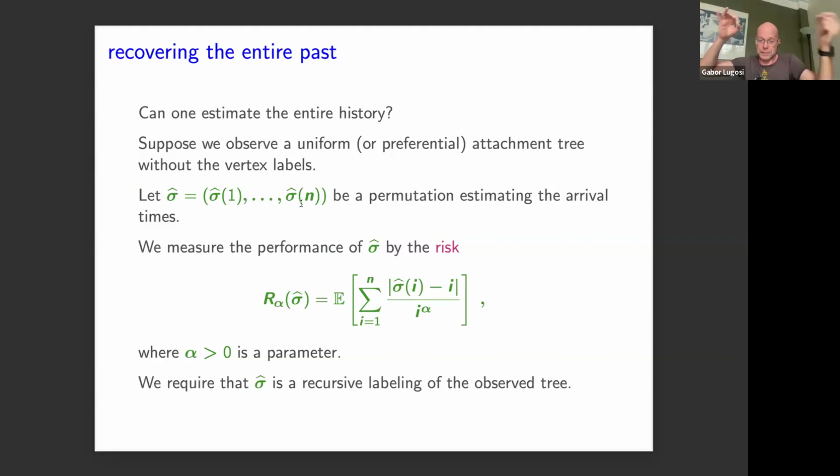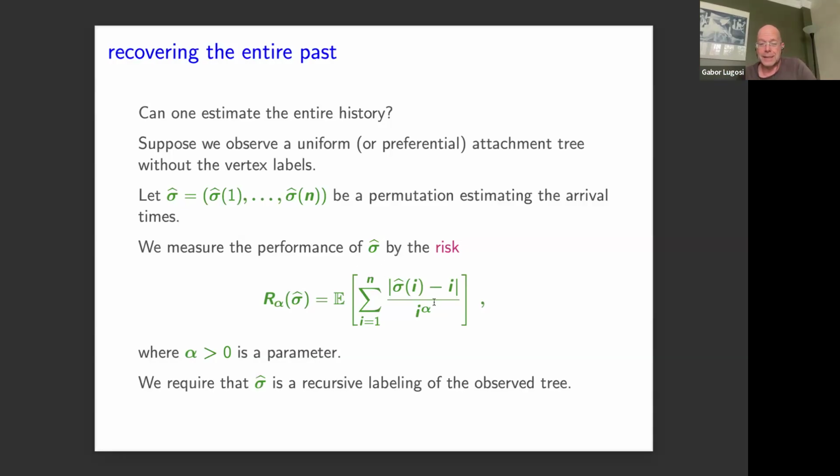So it should be the case that along paths emanating from the vertex that we think is the root, the ordering should be monotone increasing. If we have such a permutation, then we can compare it with the true ordering of the vertices, and we can define the quality of this ordering in many ways.